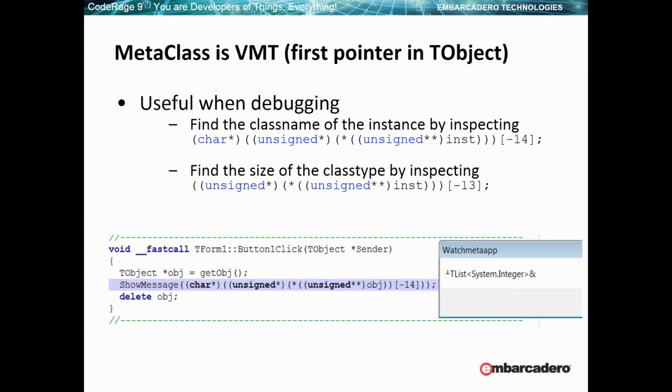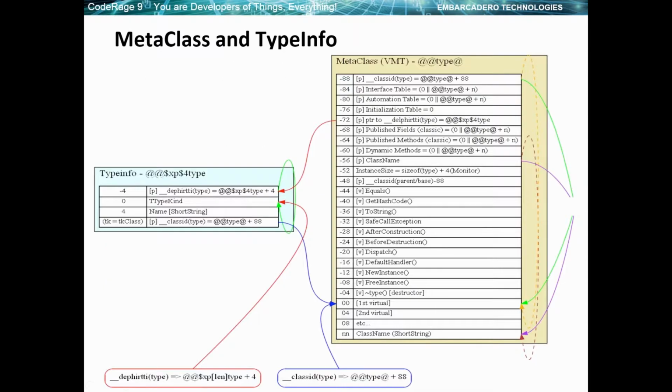I want to actually show something useful about it. So first, I'm going to go back and say, there's something very useful about this VMT. When I'm debugging, very often I get to a point where I'm in the CPU window and I don't really know where I am. I see that the compiler is about to, let's say, take a particular address and dereference it and then make a call from offset, I don't know, offset 4, 8, 12, 0.